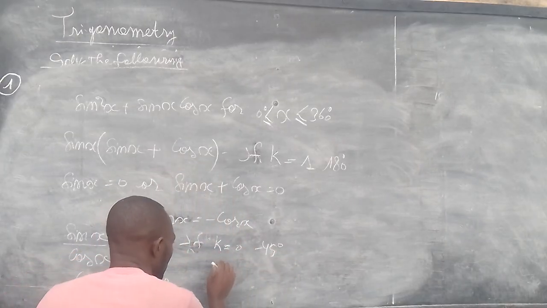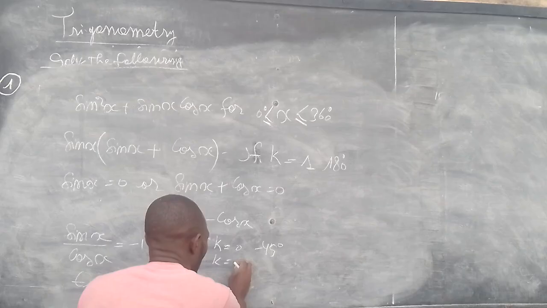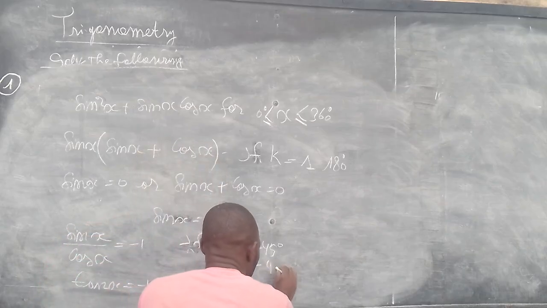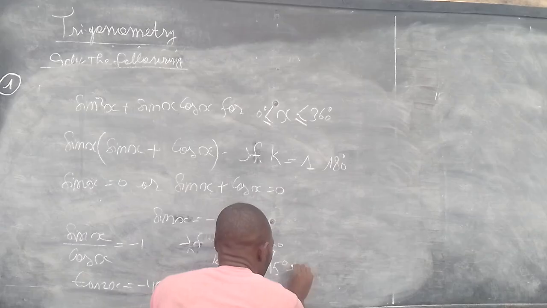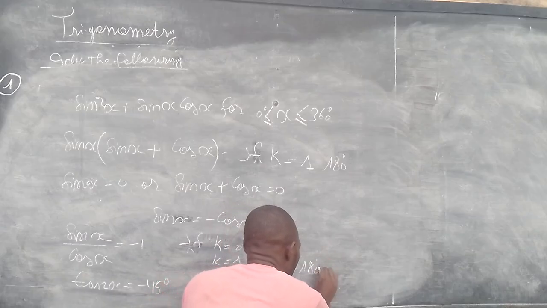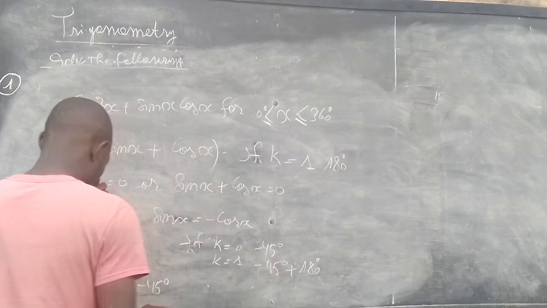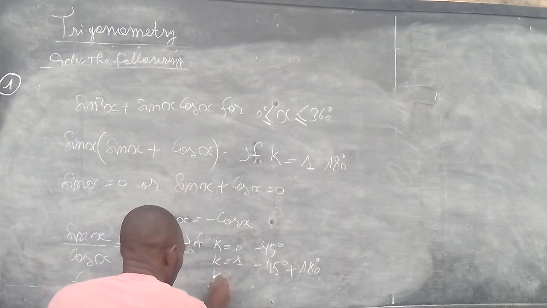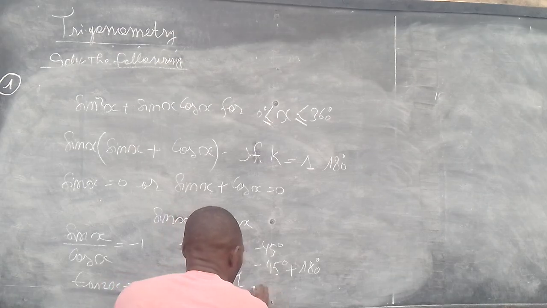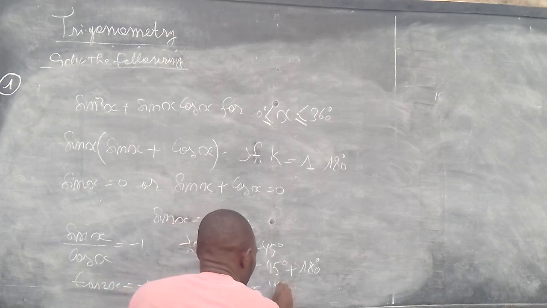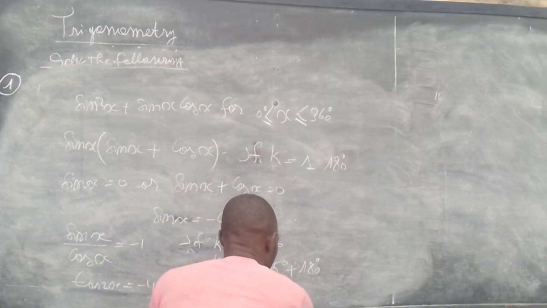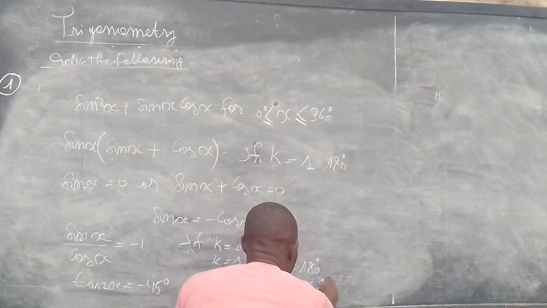If k equal to 1, we will have negative 45 degrees plus 180 degrees. If k equal to 2, we will have negative 45 degrees plus 360 degrees.